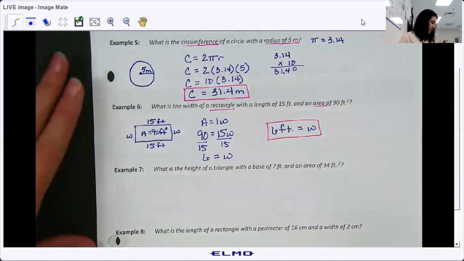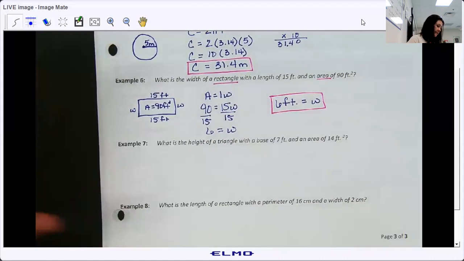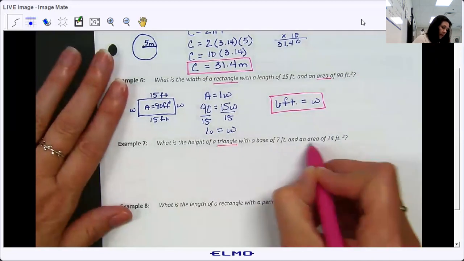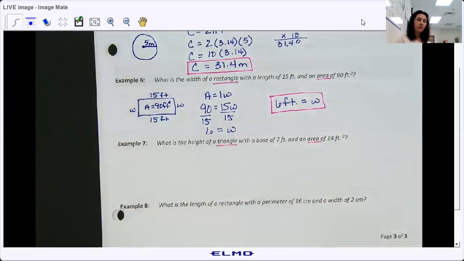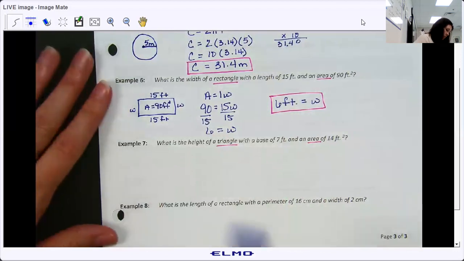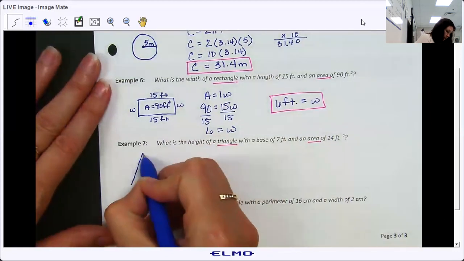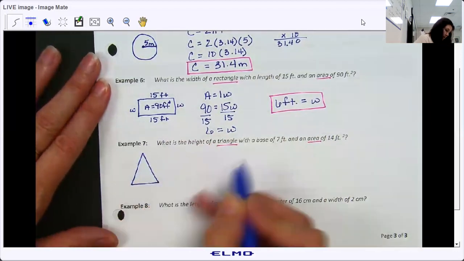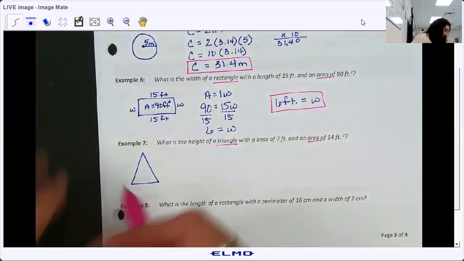Okay, number 7. What is the height of a triangle with a base of 7 and an area of 14? So they mentioned triangle, they mentioned area. So we're going to use the area formula for a triangle, very similar to what we did in example 4. So I'm going to draw out my triangle. It's asking for the height again.